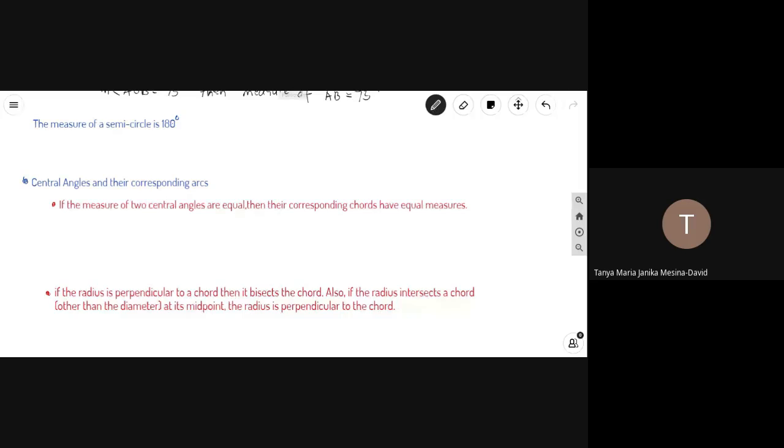So supposing I have circle B, and then we will form a central angle, central angle ABC, and then I will make another central angle with the points D and E.